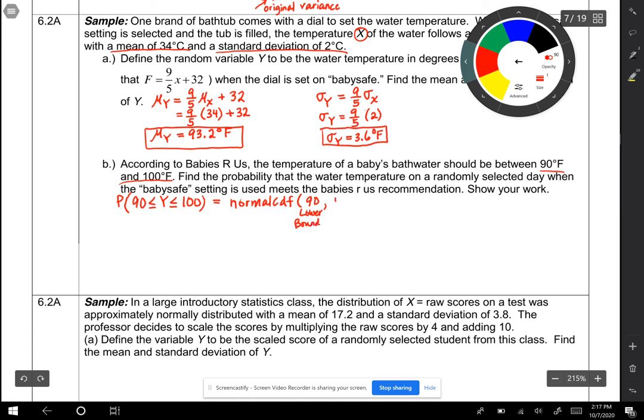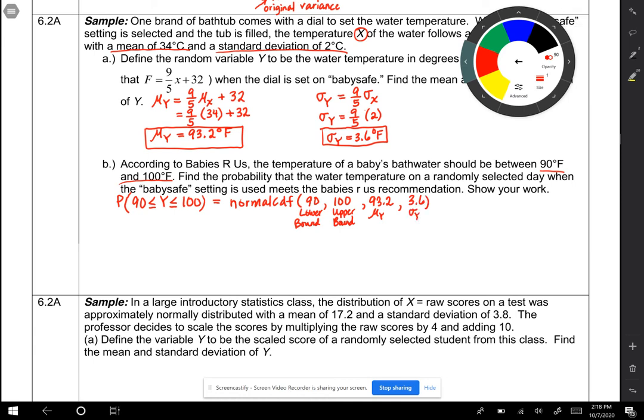Upper bound is 100. You could totally draw this where you put your mean 93.2 and then so on, but you don't need to. And then your mean is 93.2. So that's the mean of Y.